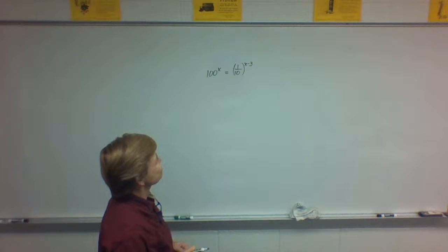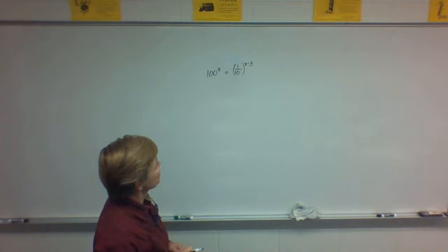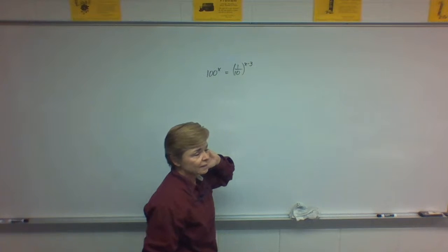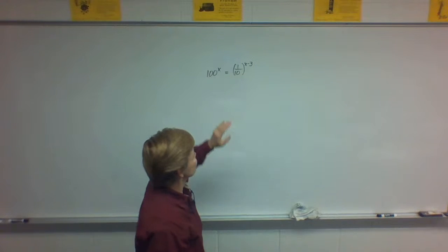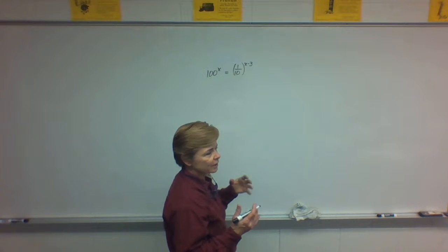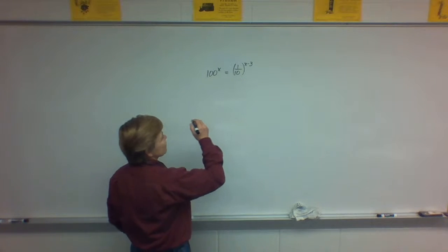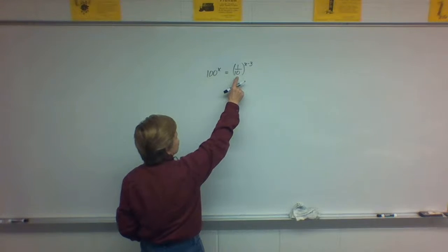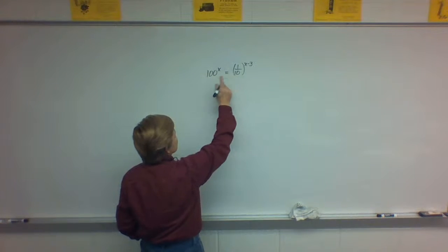But because these two things, this 100 and this 1/10, are both powers of 10, we're actually going to handle it a little bit differently. If the bases of your exponents have something in common, you're going to handle it by writing them with the same base.